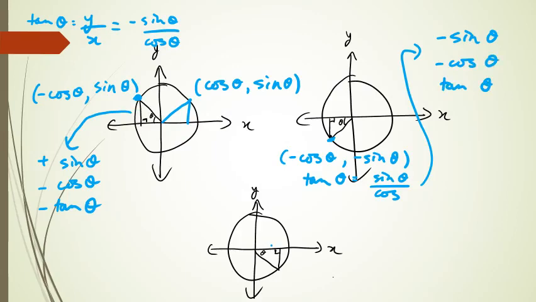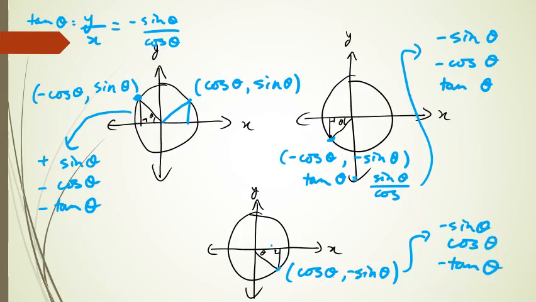Okay? And then on this one, what's negative there? Sine. So we're positive cos, negative sine, and then tan is going to be negative. So as a summary, we have negative sine, positive cos, and negative tan.